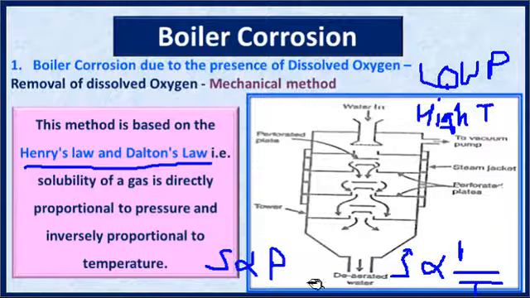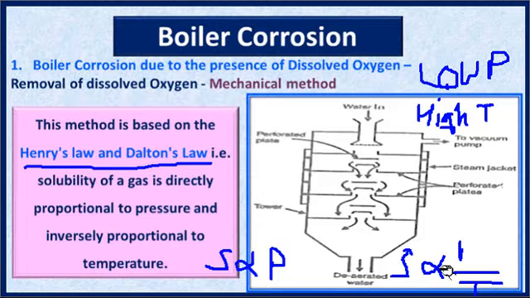So if we lower the pressure, the solubility decreases, and if we increase the temperature, the solubility decreases. So to decrease the solubility of oxygen in the water, we have to maintain low pressure and high temperature conditions in the mechanical deaeration chamber.